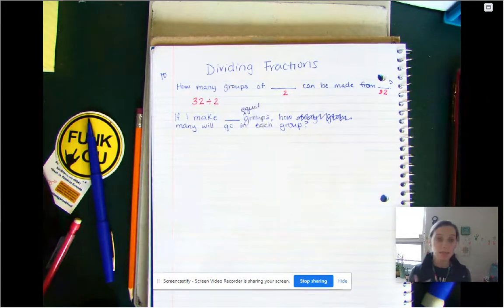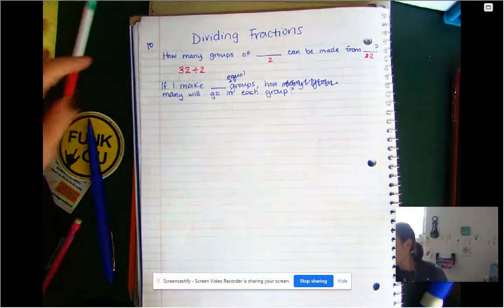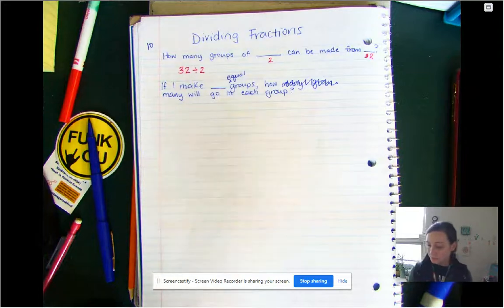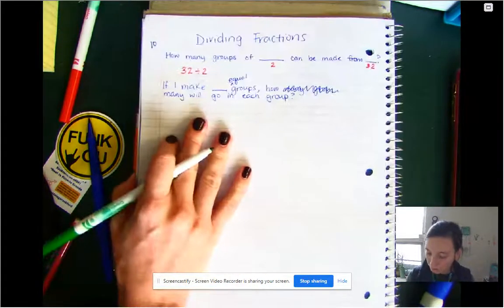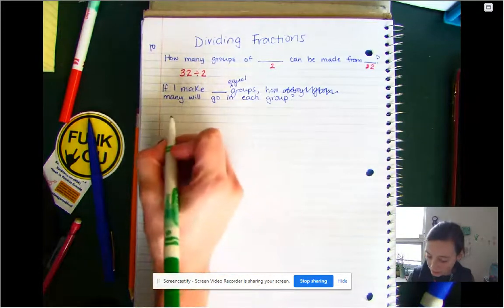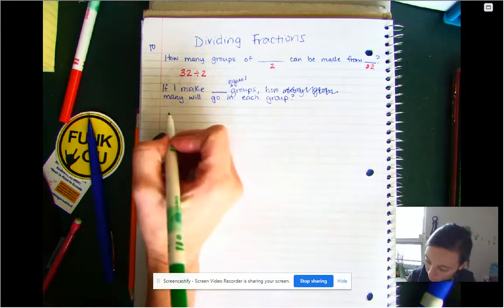The same thing applies now that we're talking about fractions. Let's say an example is wallpaper, because I wallpapered my room last year and I actually did use fraction division.